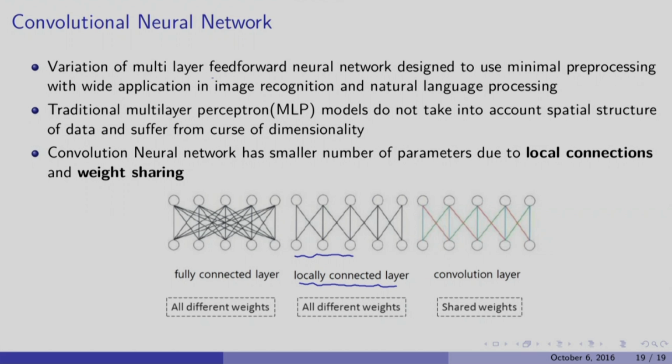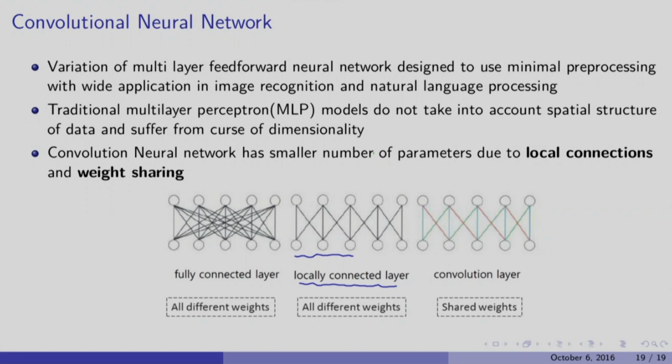However, even within this locally connected layer, one can make assumptions on the weights. One could assume that the green edges here, which follow some kind of pattern, share the same weight, and so do the red edges which follow another pattern.